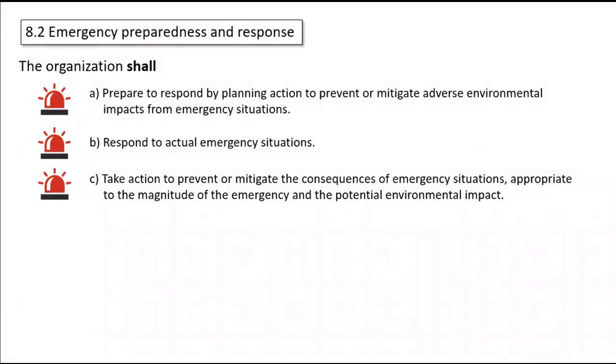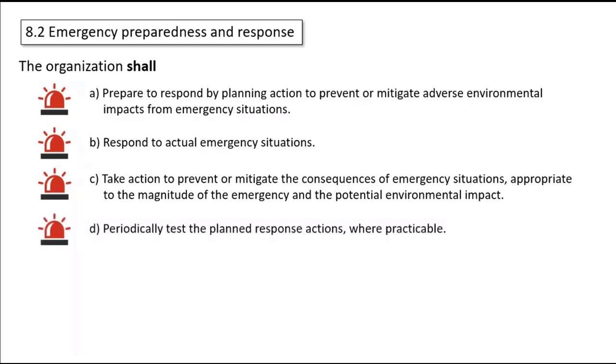So this chemical or liquid has the potential to seep through the soil and go to the groundwater. Therefore, you need to treat this soil or stop the leakage from penetrating the soil. So you need to take the C action, take action to prevent.